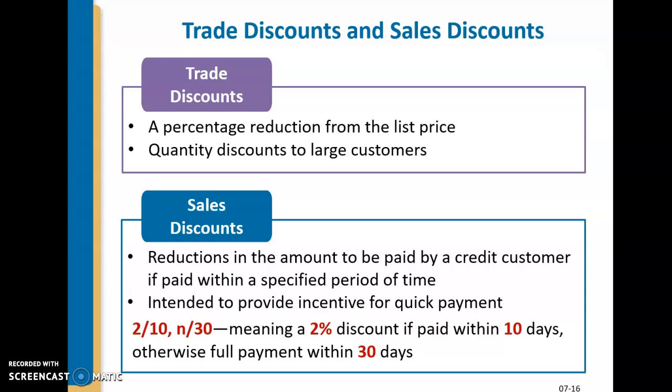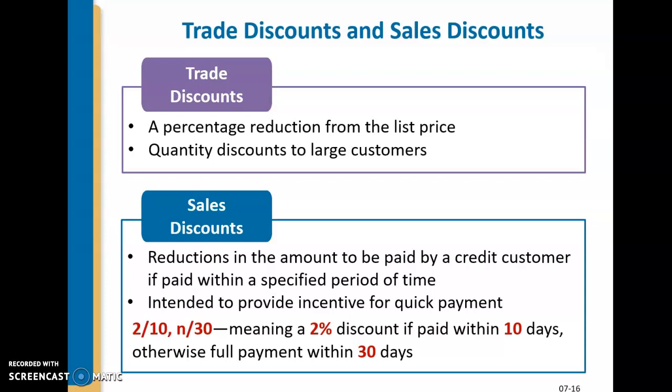Typically, a plumbing supply house will have a list price. You and I go in to buy a faucet from the plumbing supply place, and we have to pay retail or list price. But they frequently will have a trade discount available to plumbing contractors, and the plumbing contractor will pay less than the list price.